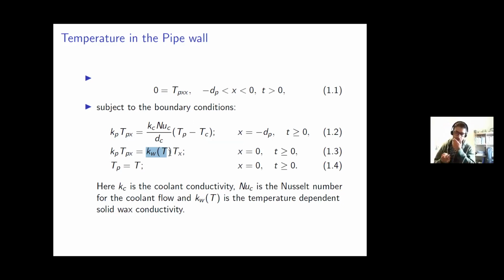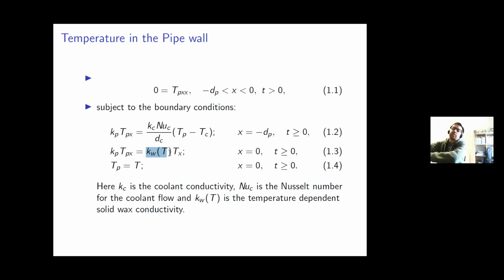And so this is the key feature in this model that we wanted to introduce. We consider that the conductivity of the solid wax should be taken into account for this particular problem, because the conductivity can change quite a bit around the wax solidification temperature.